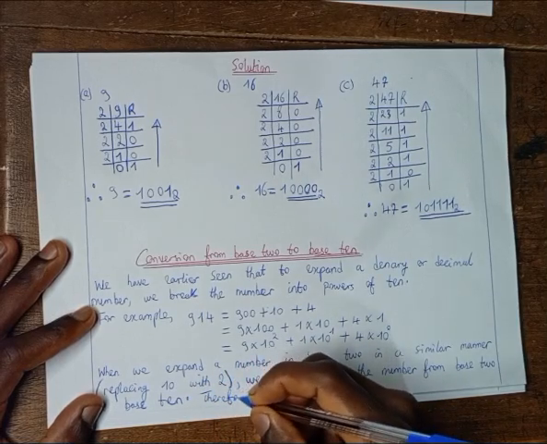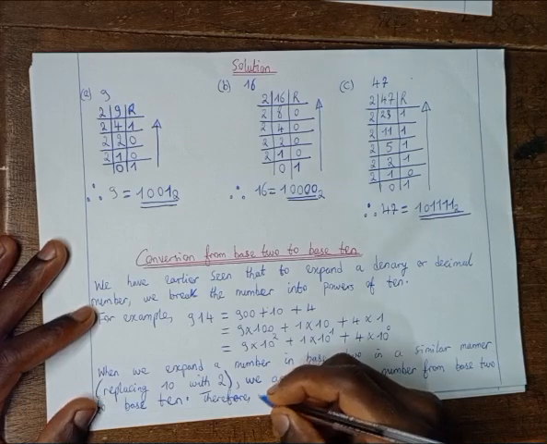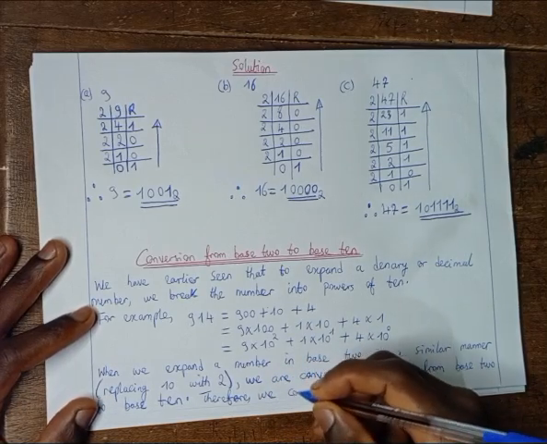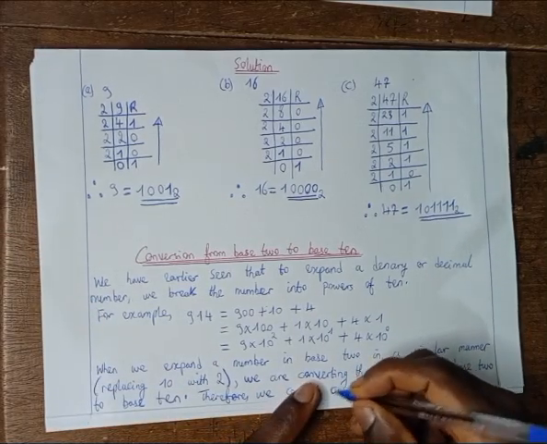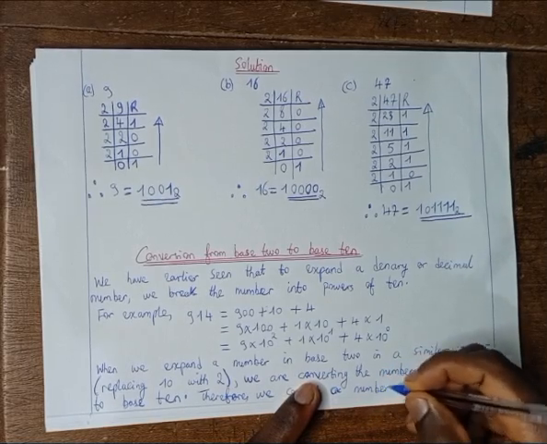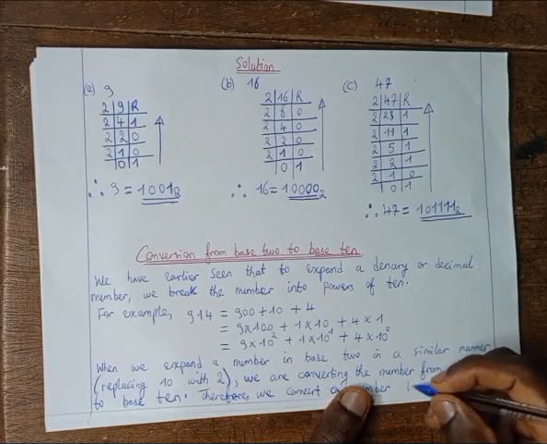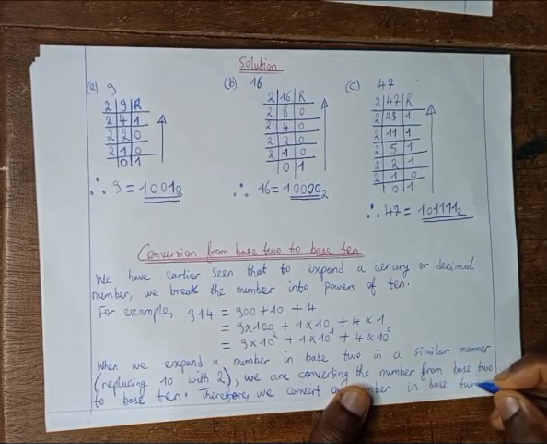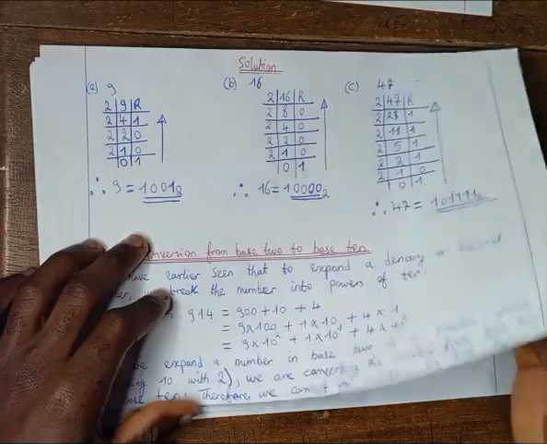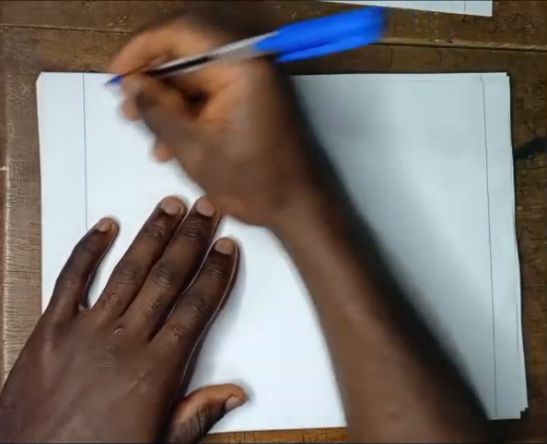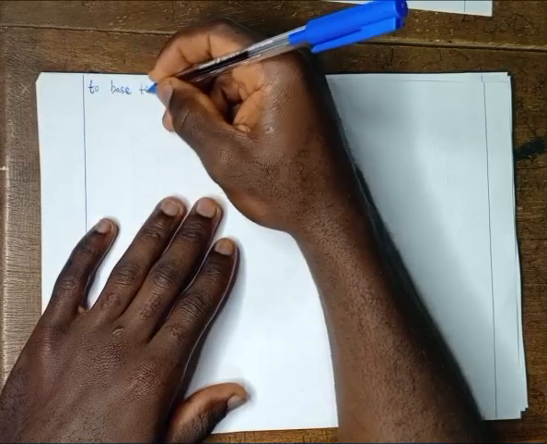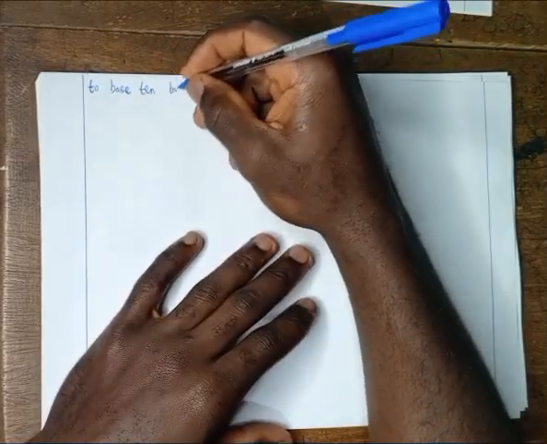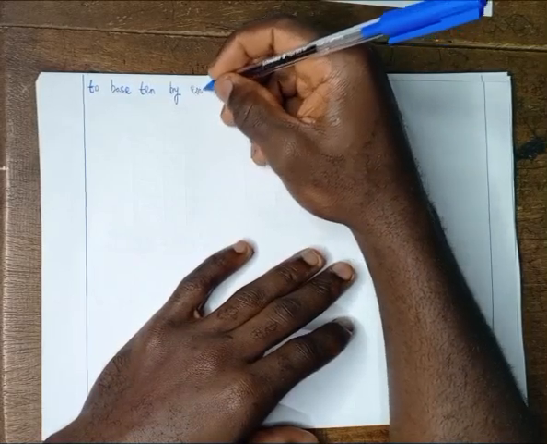Therefore, we convert a number in base 2 to base 10 by expansion.